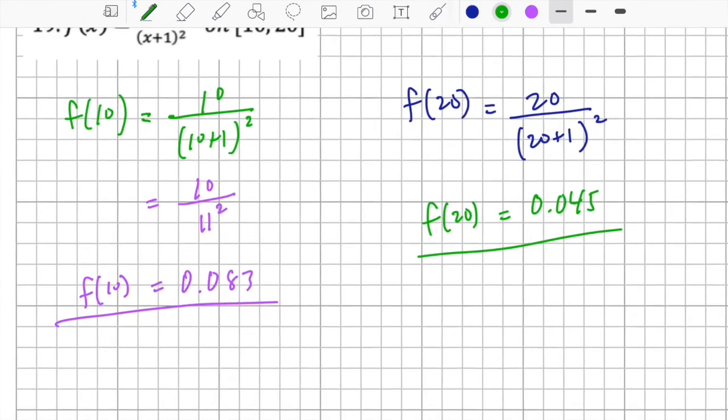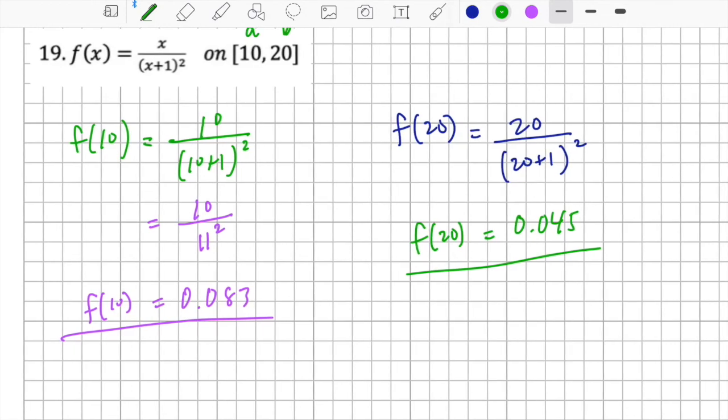Now notice that when I plugged in the 10, we got a positive number. And when I plugged in 20, we got a positive number. So this time, since they don't have opposite signs, we have no idea if there is a 0 in the interval from 10 to 20, or if there's a c that'll give me 0 for the function in that interval.